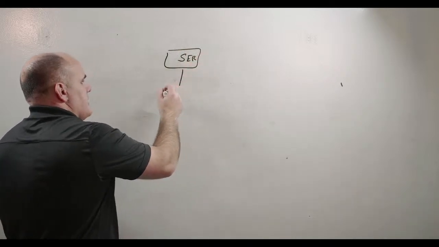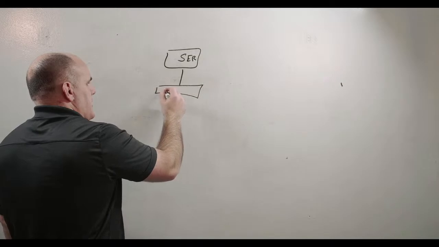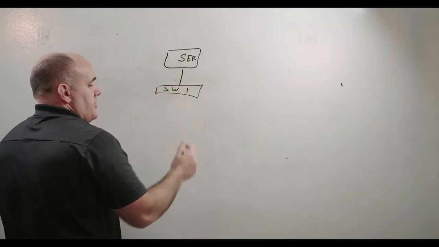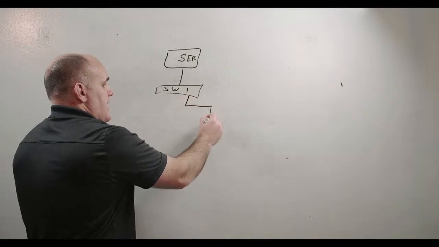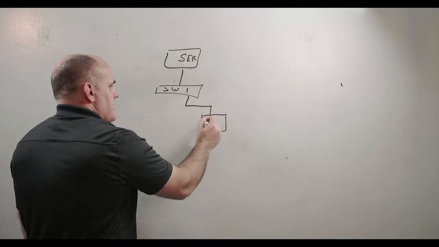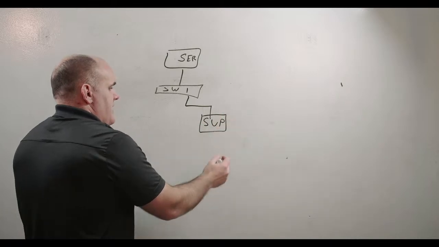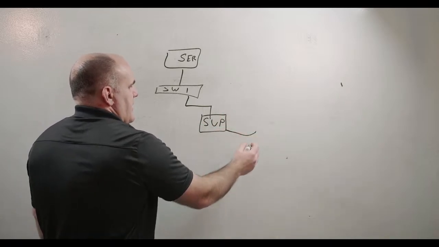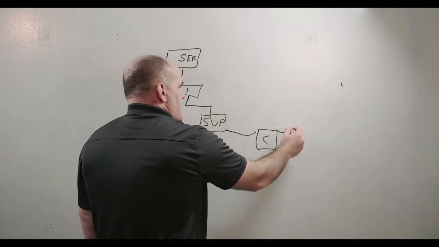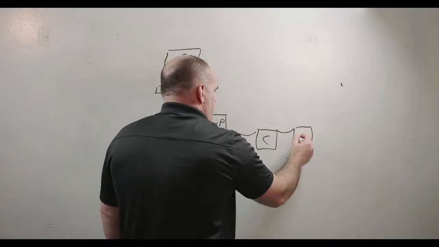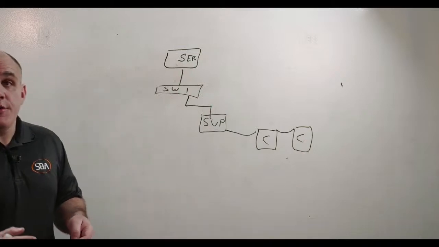That server is going to go to a network switch, which we'll just call SW-1. That switch is typically going to go to a supervisory device. And then that supervisory device is going to have a field bus that is going to go to controllers right there. Now there's several different parts and pieces here.